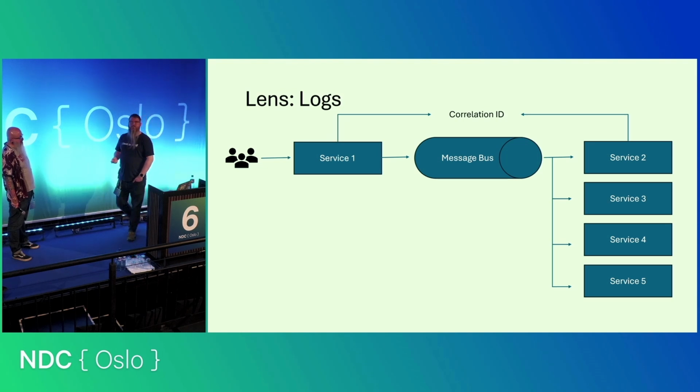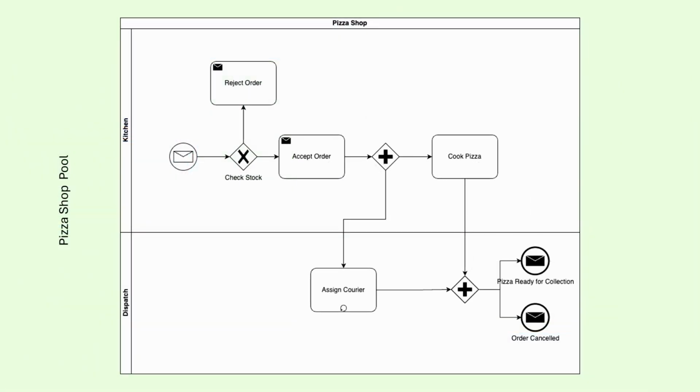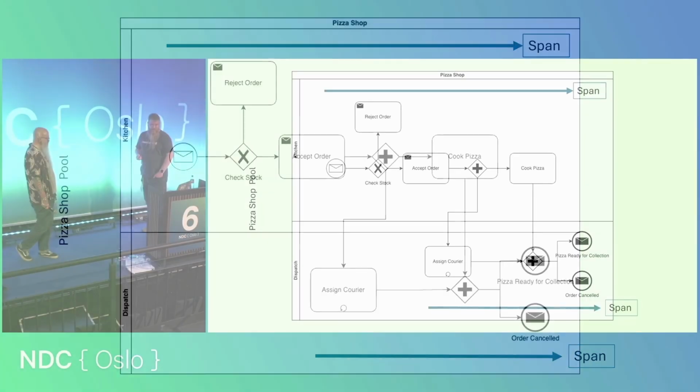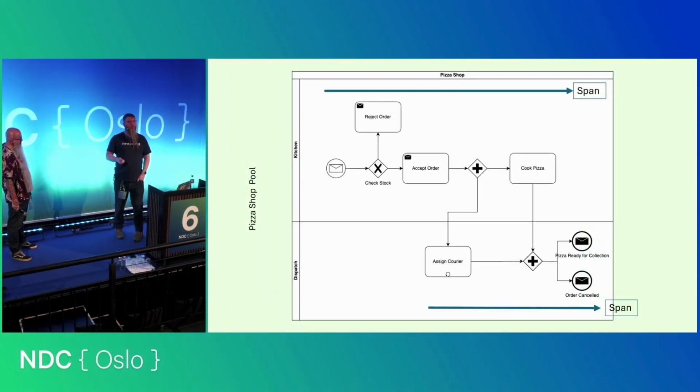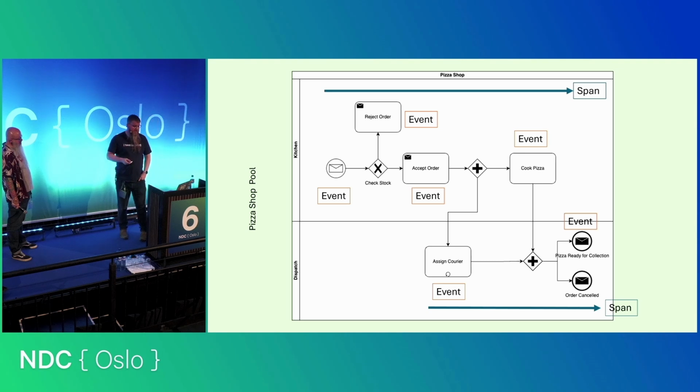Now, the answer, as I'm sure a lot of you have already surmised, is tracing. And we do that to create things like spans that will span over multiple activities or individual activities, and will allow us to see how these interact together. We have lots and lots of tools within the OpenTelemetry space, within the telemetry space in general, from events to spans.